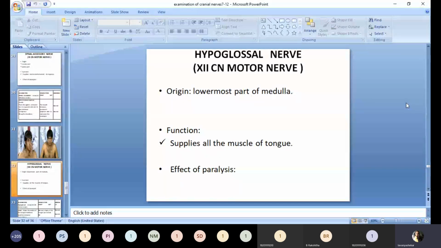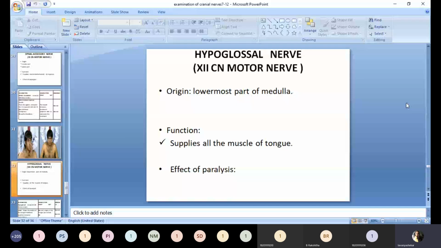But you won't be able to appreciate any atrophy of the tongue muscles because the blood supply will be intact to the tongue. That is why you won't be able to see the atrophy. But there will be defective articulation and improper mixing of the food. So how do you test for the hypoglossal nerve?